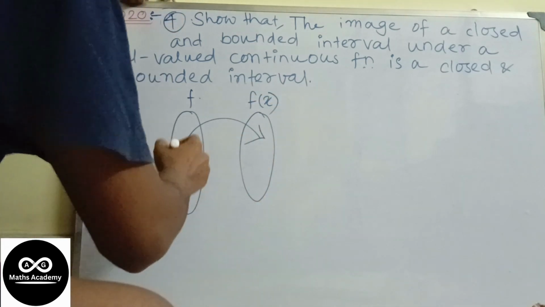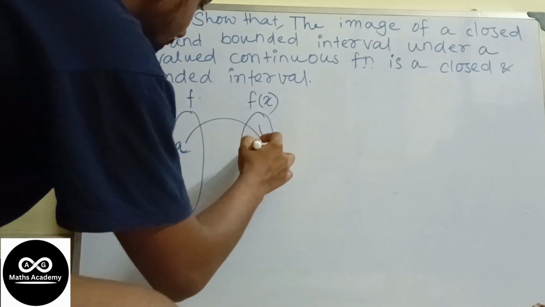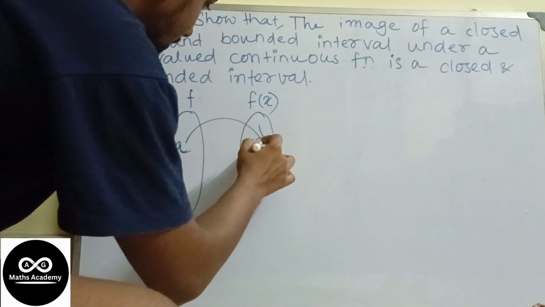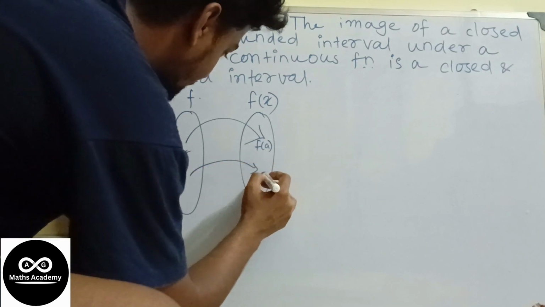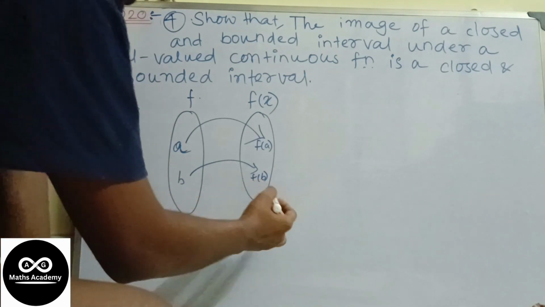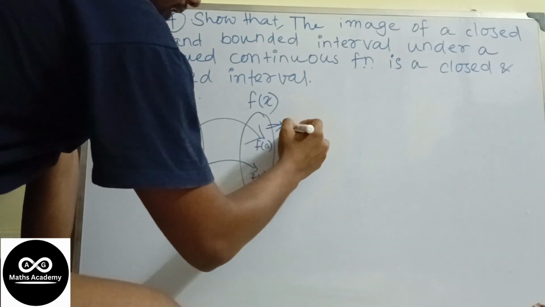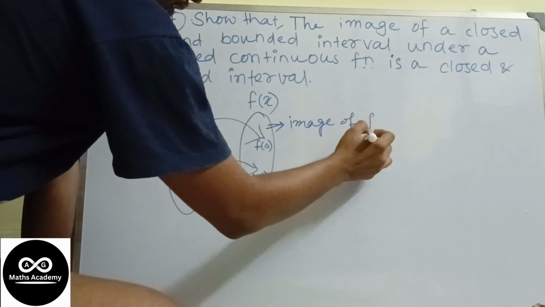Say a becomes f of a here, b becomes f of b here.